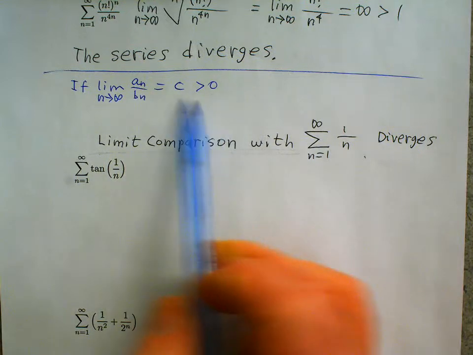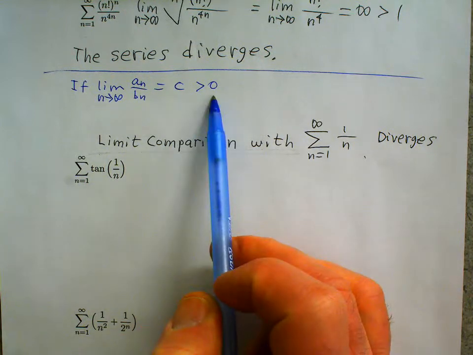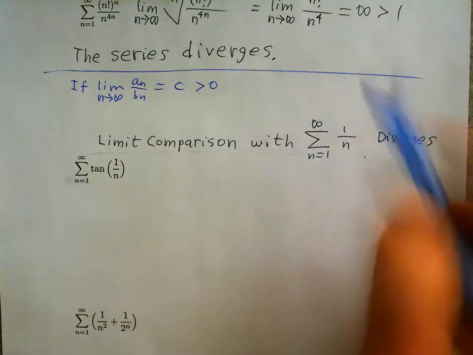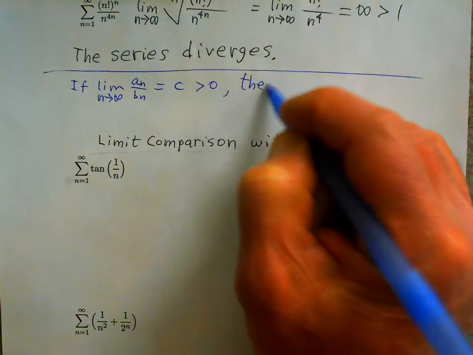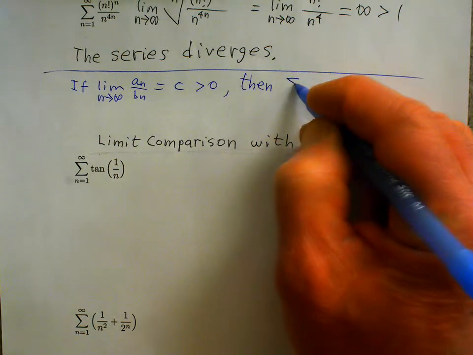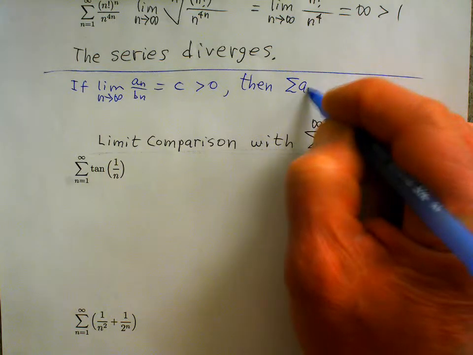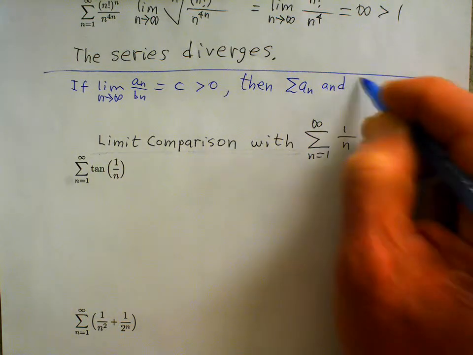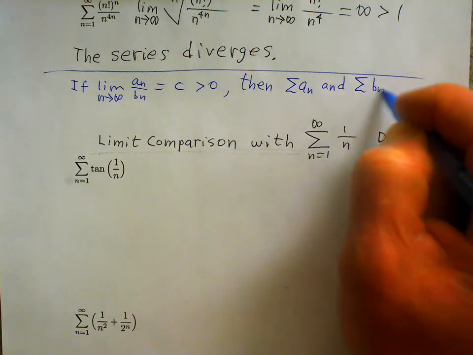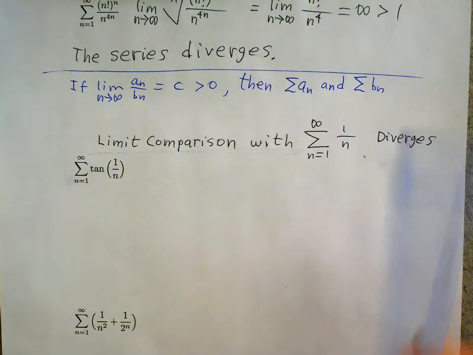Well, c greater than 0 means it's positive and finite. Then the two series of the a sub n terms and b sub n terms are either both convergent or both divergent.